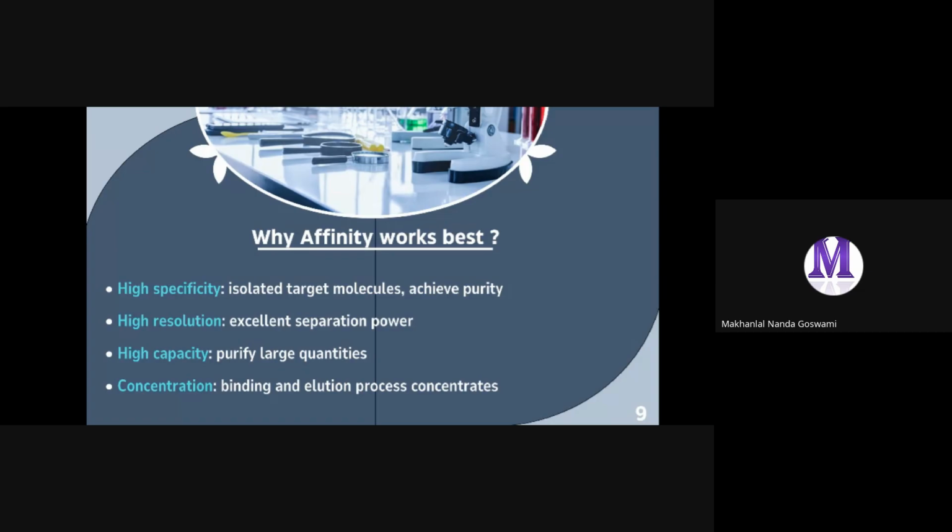It can actually separate the target molecules with an excellent resolution. Thirdly is your high capacity. So it can purify large quantities as well. Last one is the concentration. So by the process of binding and elution, it concentrates the target molecules as well.